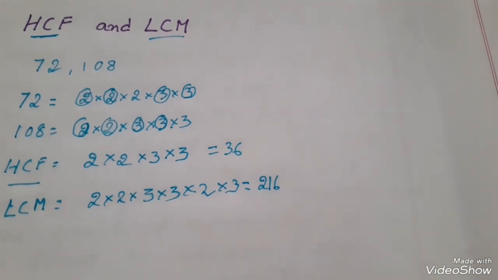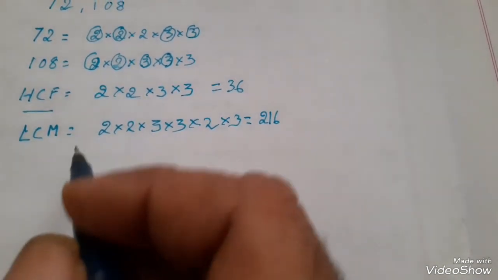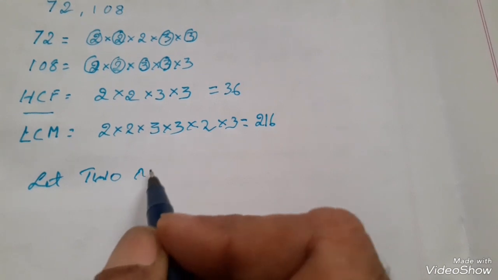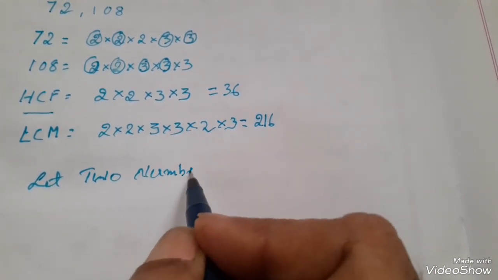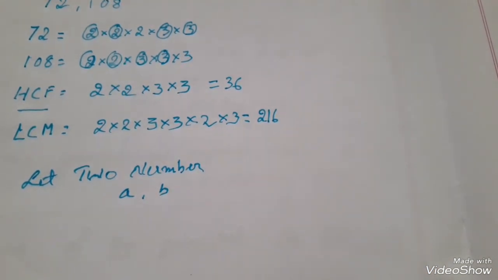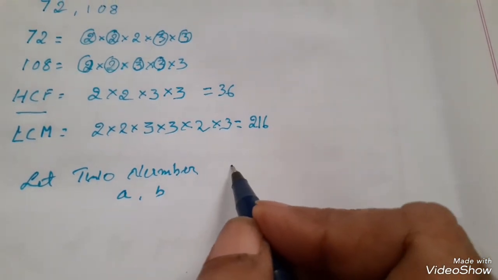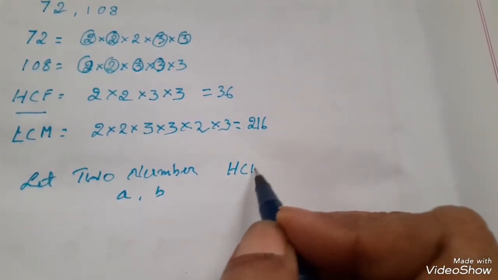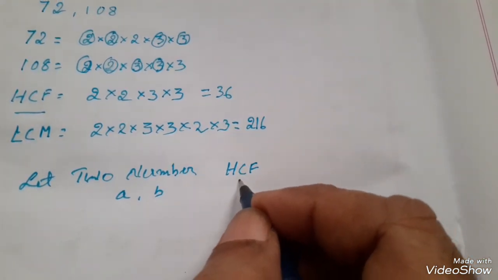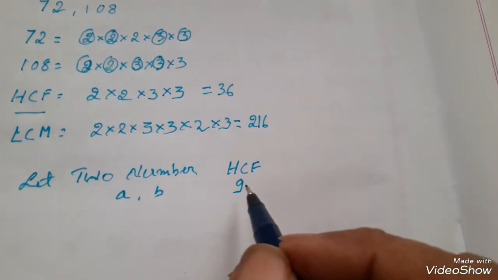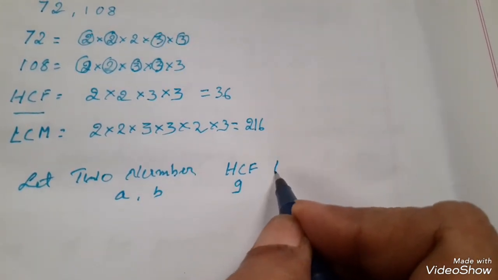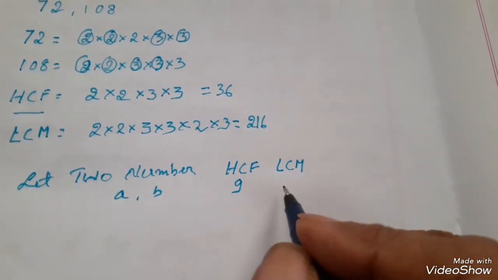Suppose you take the two numbers A and B, and you take the HCF as G. G means the greatest common divisor; HCF is also called the greatest common divisor G. And you take the LCM as L.